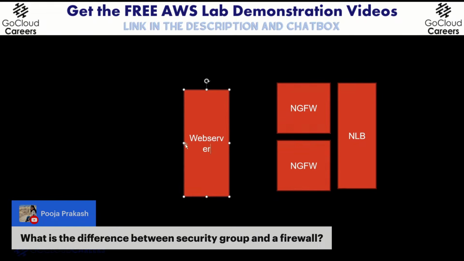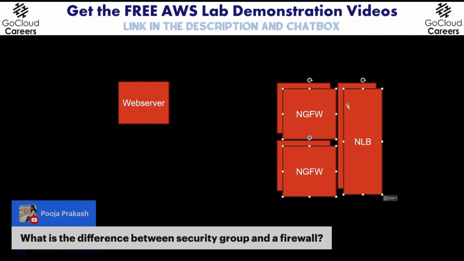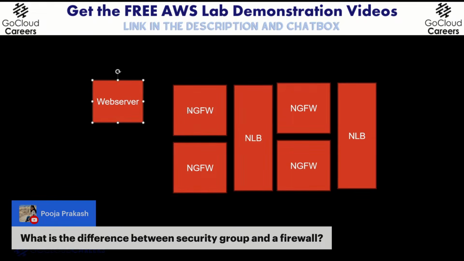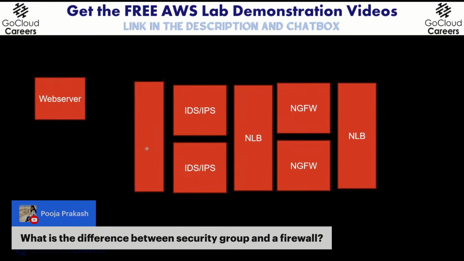And I'll show you the difference in how you would apply these. So let's say we've got a load balancer and 2 next generation firewalls, and then maybe behind that we've got a load balancer and maybe it's an IDS IPS system. And even though the next generation firewall has it, sometimes we use IDS IPS systems for logs and security. And I'm going to put my web servers in a subnet. So I'm going to protect the subnet with an access control list.